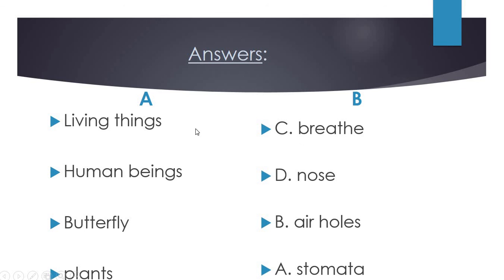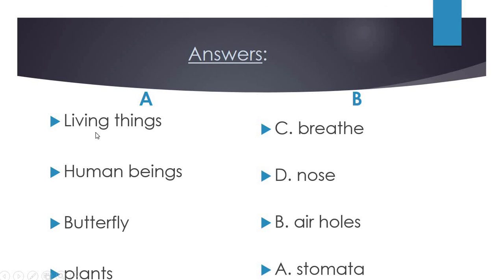It will not become A as you have matched it with number 1. So, living things matches with option C, breathe. Human beings matches with D, nose. Butterflies matches with air holes, whereas plants matches with stomata.